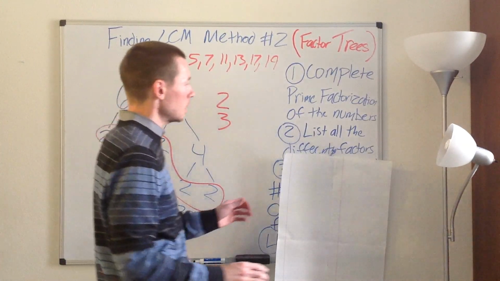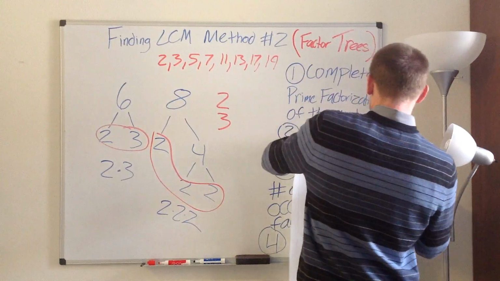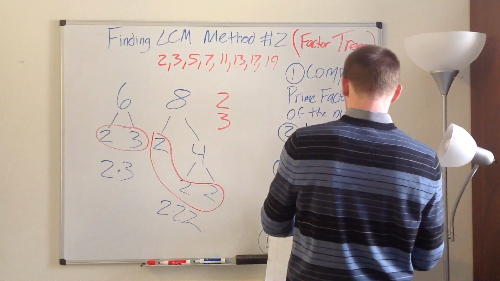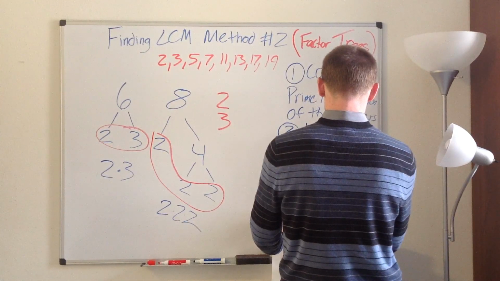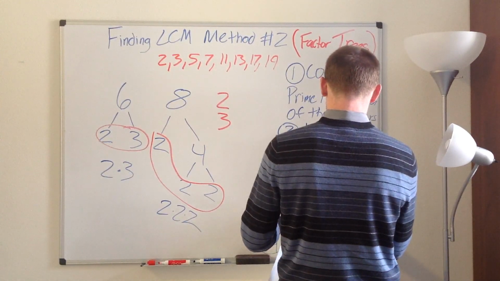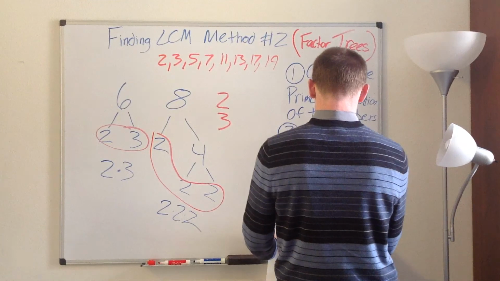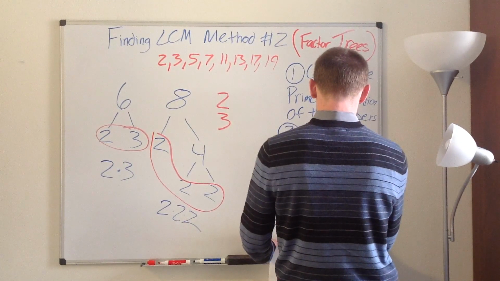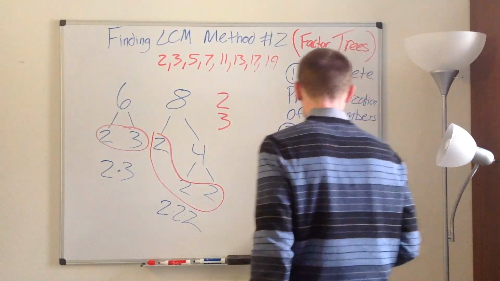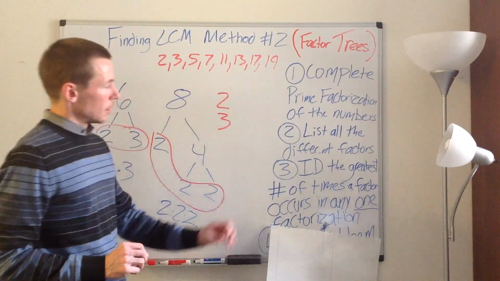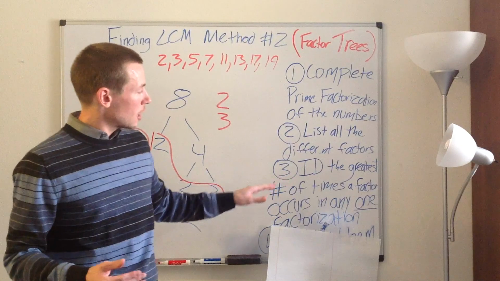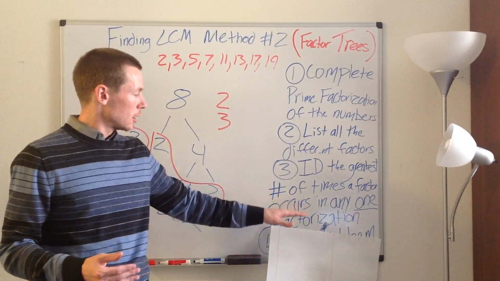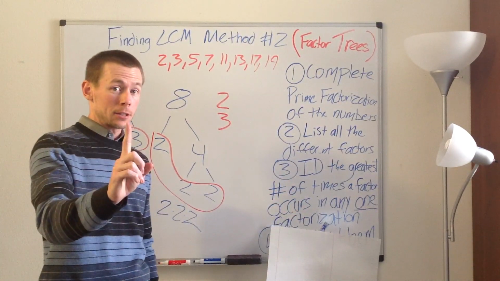Now, step 3. Step 3 says identify the greatest number of times a factor occurs in any one factorization.